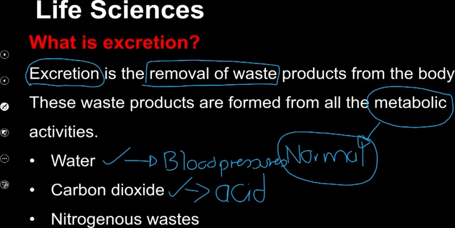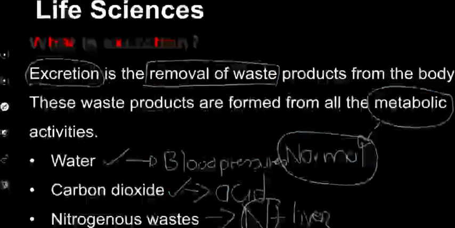Then we have this whole concept of nitrogenous waste. And what was nitrogenous waste? Some of the things in our body, especially stuff that works in our liver, give off nitrogen. And nitrogen can be converted to ammonia.